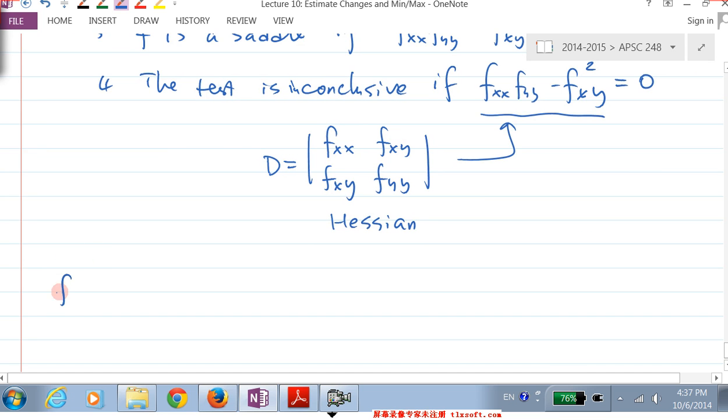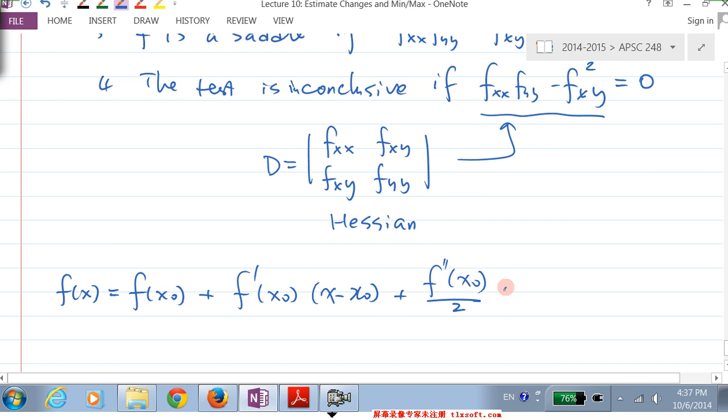What's the Taylor series of a function of a single variable? The Taylor series of a function of a single variable around x equal to x naught is this. That's the Taylor series of a function of a single variable.